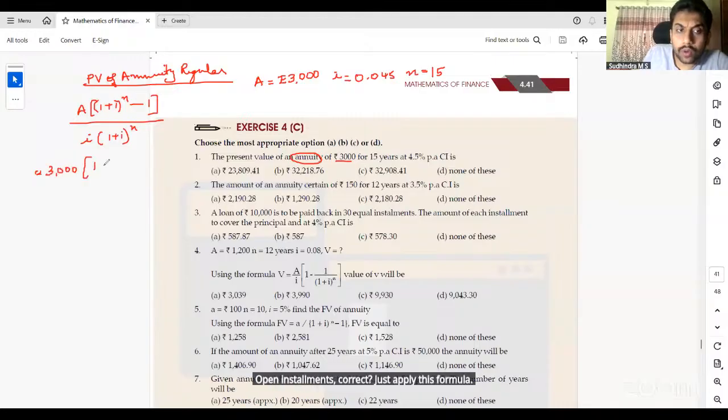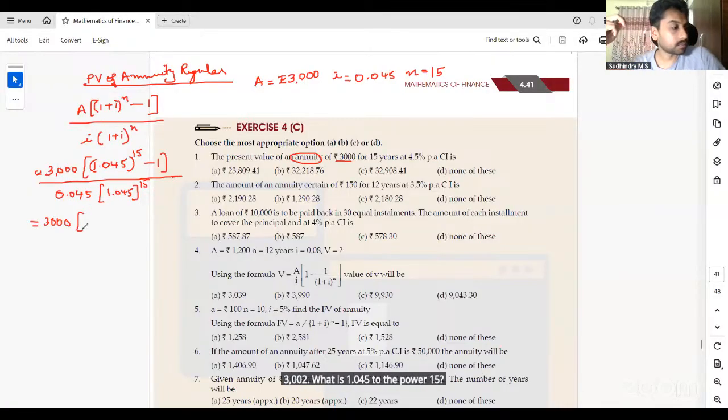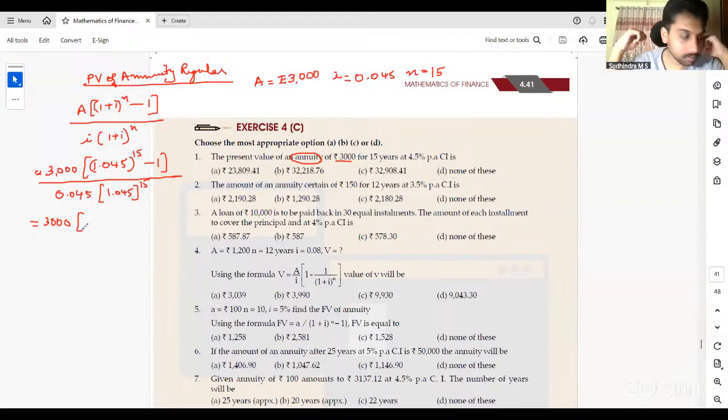3000 into 1.045 to the power 15 minus 1, whole divided by 0.045 into 1.045 to the power 15. What is 1.045 to the power 15? 1.93528.